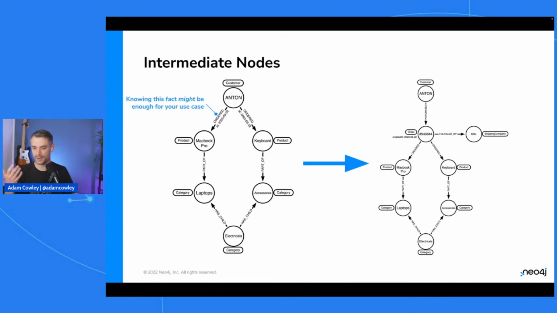So in this case, it makes sense to group the products that the user's ordered by an order ID, and that also gives us the benefit of being able to add extra information or extra facts to that. So we can say that this order has been fulfilled by a particular shipping company. Maybe the order was facilitated by a sales representative. So we can start to build out the model from there.